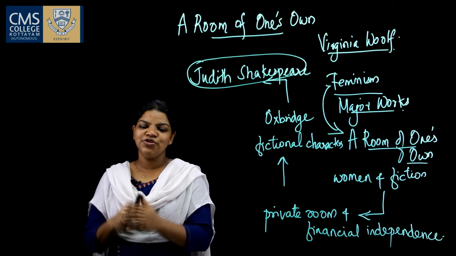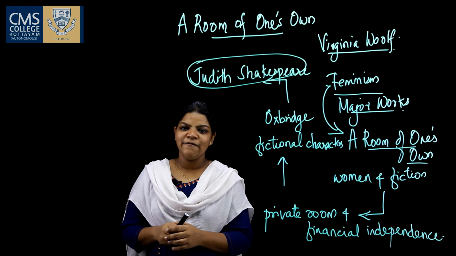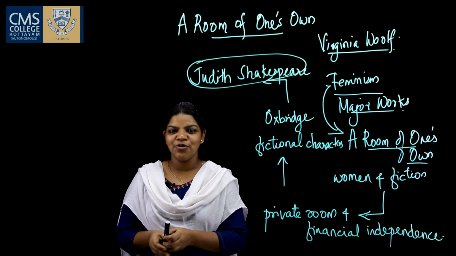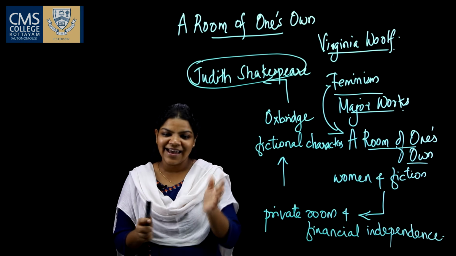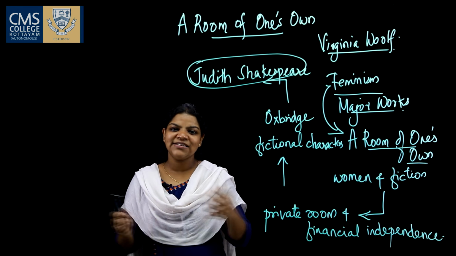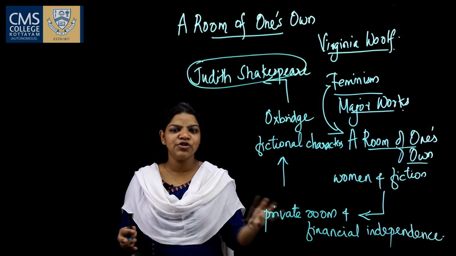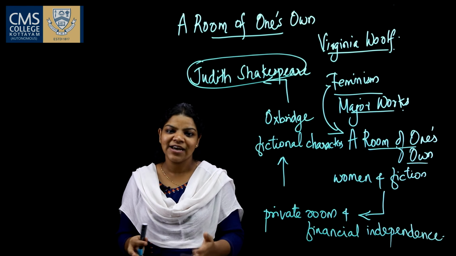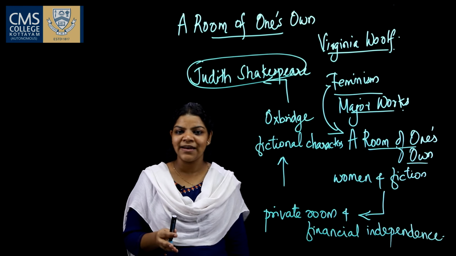So, coming to Judith Shakespeare, William Shakespeare was a person who, in Virginia Woolf's account, was a wild man. He went wild very often, he poached rabbits, he behaved in a very wild manner from his childhood onwards.